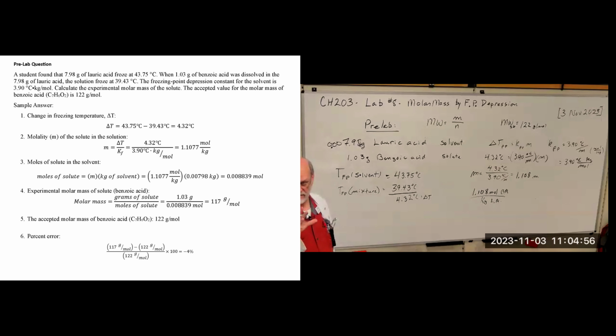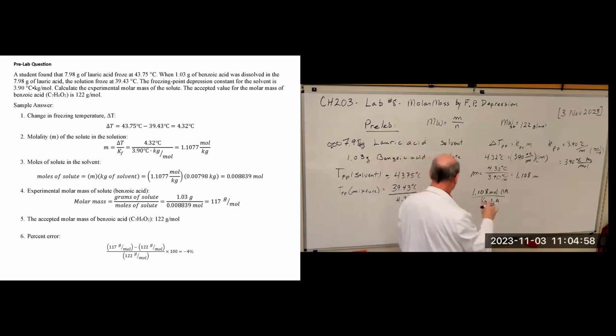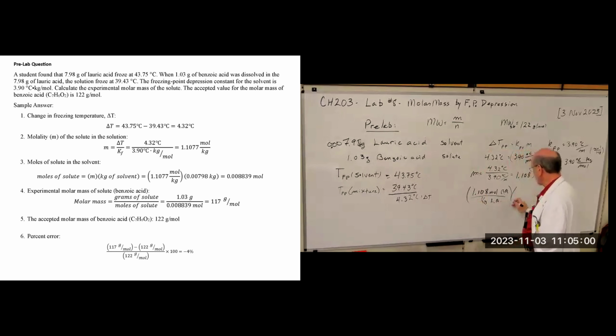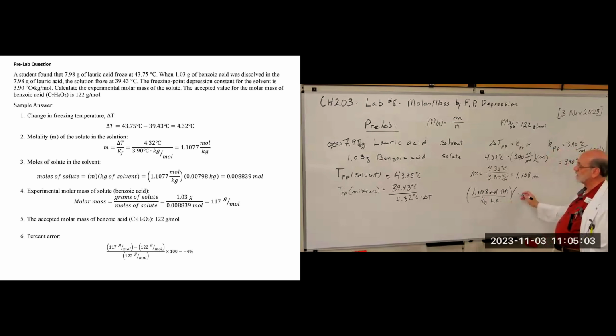Okay. So if we multiply this times the kilogram of solvent, 0.00798 kilograms, the kilograms cancel, leaves us with moles of benzoic acid. So that's 8.84 times 10 to the minus 3 moles of benzoic acid.